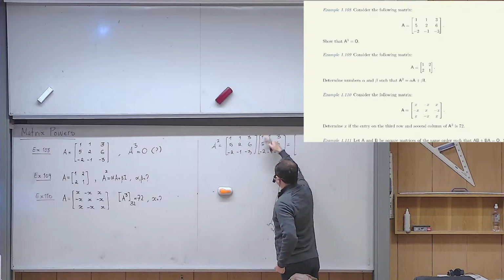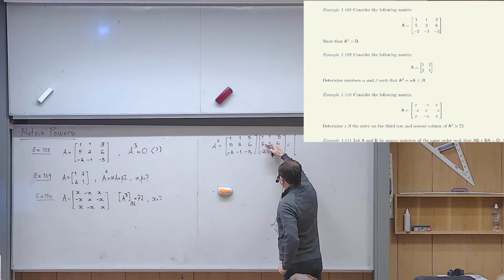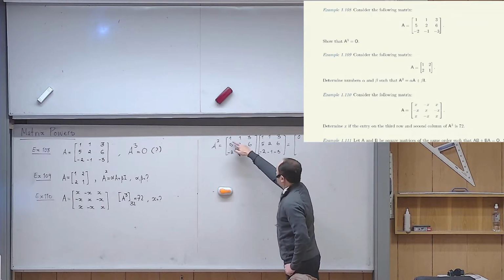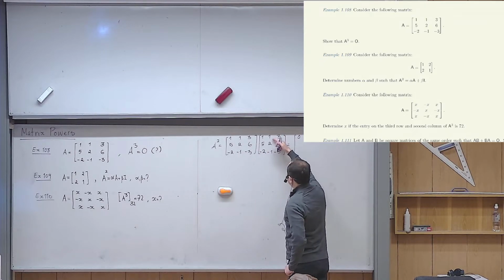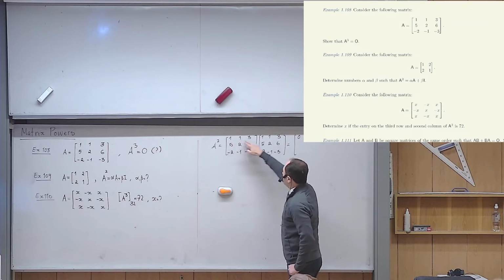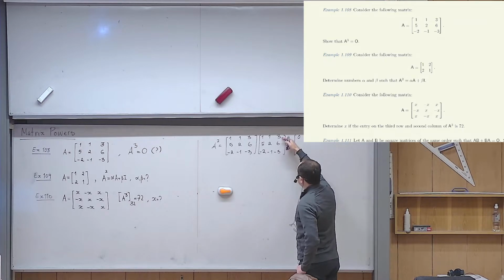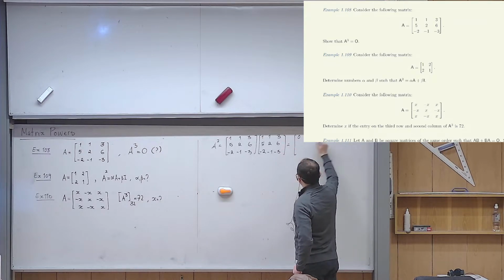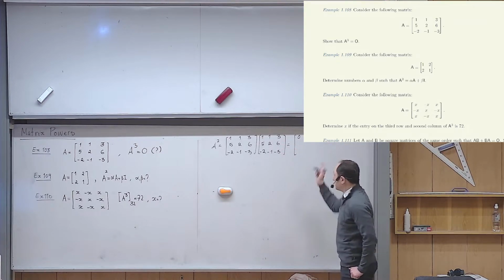The first row by the first column, so 1, 5 is 6, minus 6, 0. I take this row by that column, 1, 2 is 3, minus 3 is also 0. I take that row by that column, so 3 and 6, 9, that is also 0. And please check my calculations.